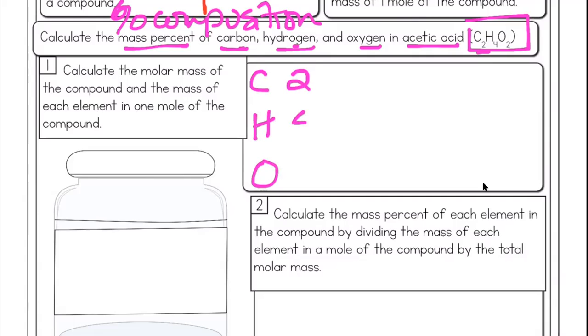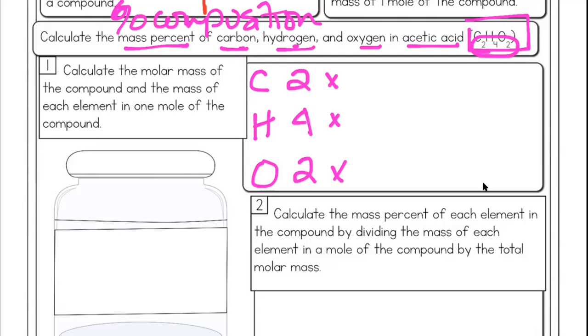For hydrogen, there's 4. And for oxygen, there's 2. So again, I just got that straight right from the chemical formula that they gave me. And remember, if there is no subscript, it's an imaginary 1. So if there's no subscripts, you'll write a 1 there. Now I'm going to multiply by the atomic mass or the molar mass of each element from the periodic table.